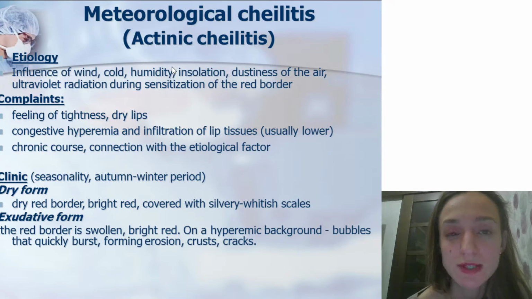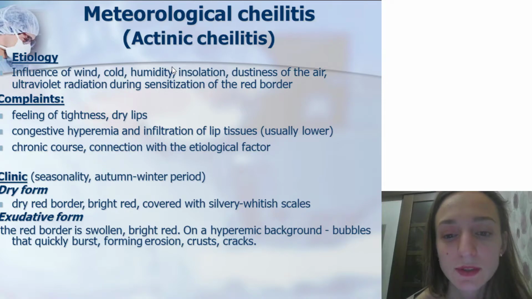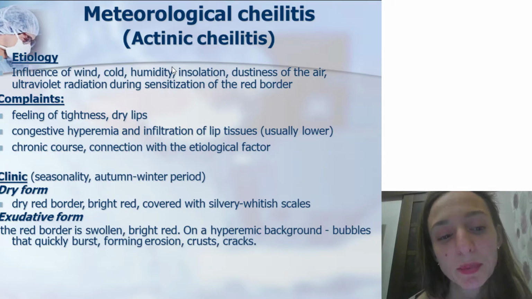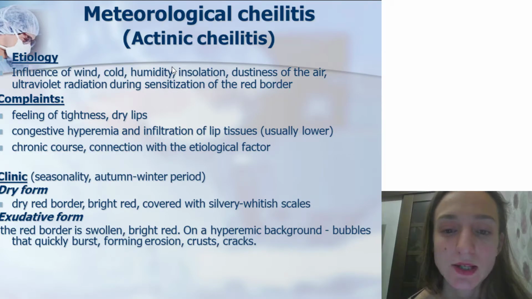Of course, bad habits, for example, lip biting and licking, can contribute to the disease development. Complaints are a feeling of tightness, dry lips, then congestive hyperemia and infiltration of lip tissues, usually of the lower lip, with a chronic course and connection with an etiological factor.